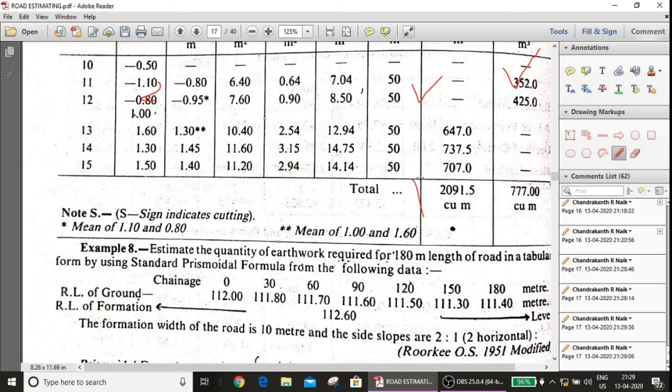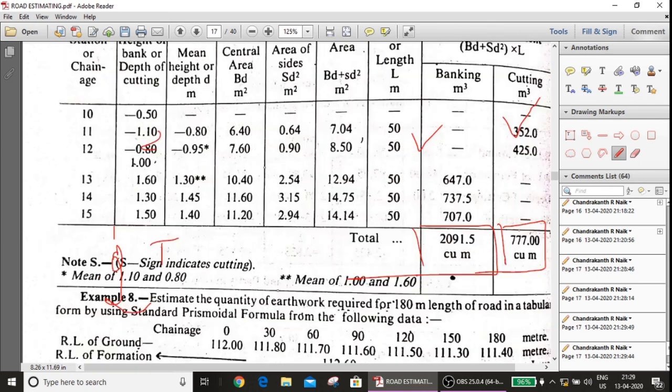Then we got the cutting value and the banking value. Now the cost. In the cost estimation, two items will be there, 1 and 2. Particulars of the item: earthwork in banking, take this quantity into the rate which I have given.